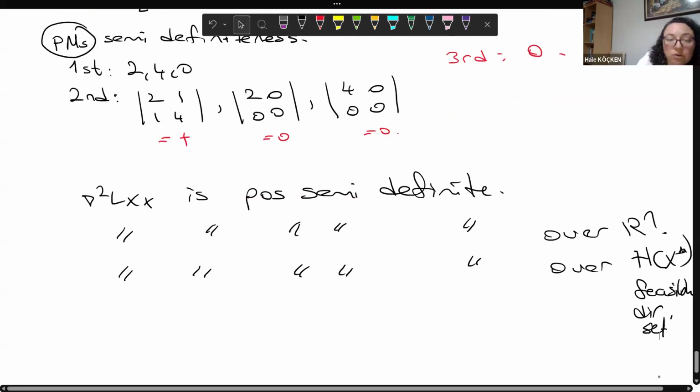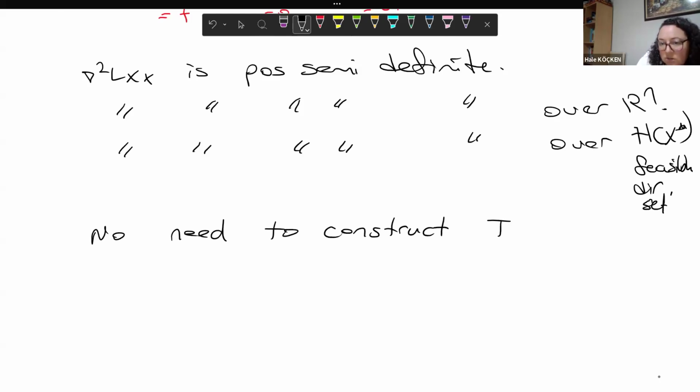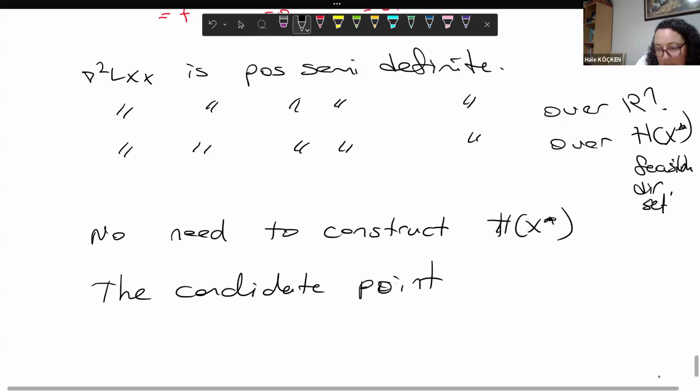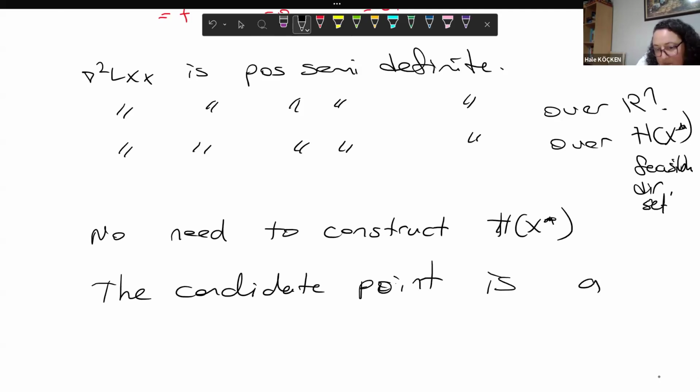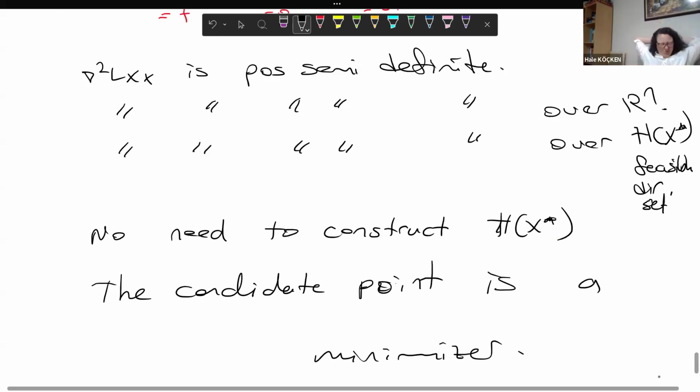So there is no need to construct H_x star. So the candidate point is a minimizer. That's all, guys.